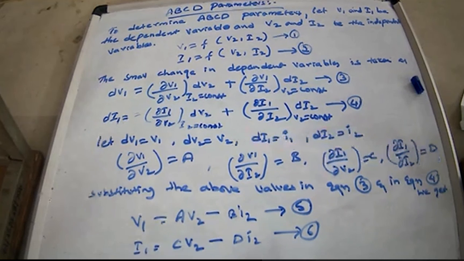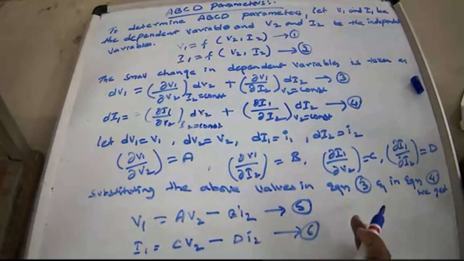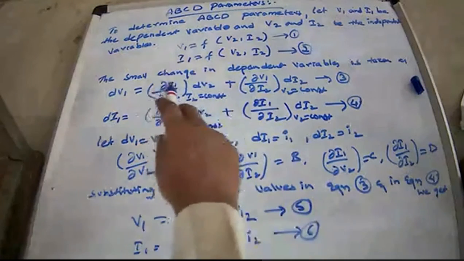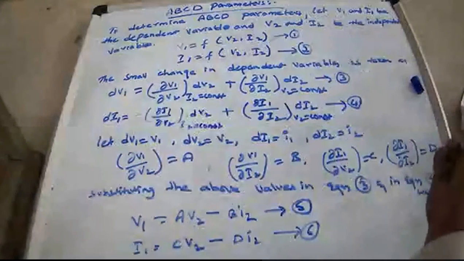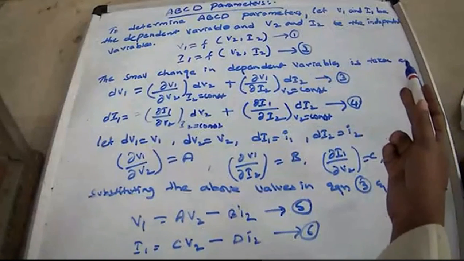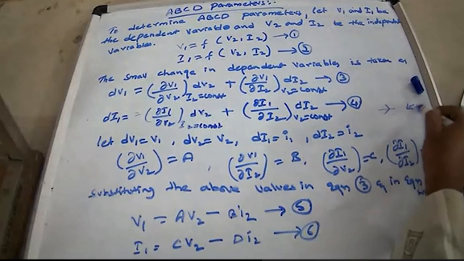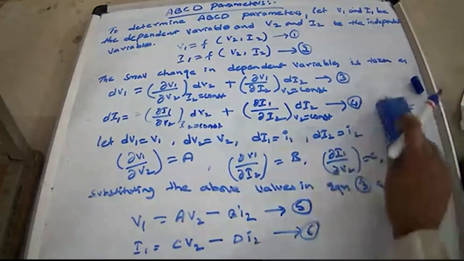After taking equations 5 and 6, we are saying that the negative sign is taken since I2 is in the outward direction. Because I1 is inward and I2 is outward, the sign convention will go like that.